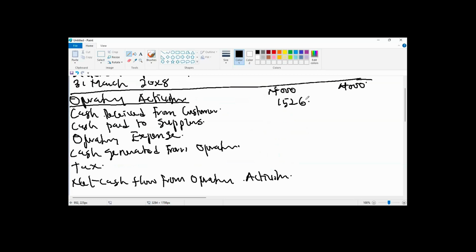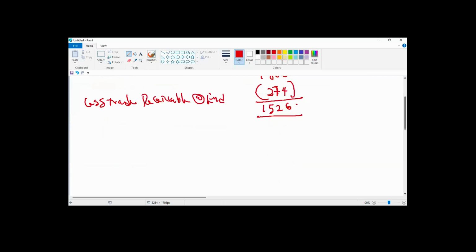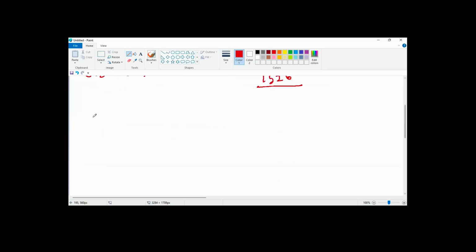Cash paid to suppliers. What connects me and my supplier to calculate cash paid to suppliers? It is the trade payable at the beginning.